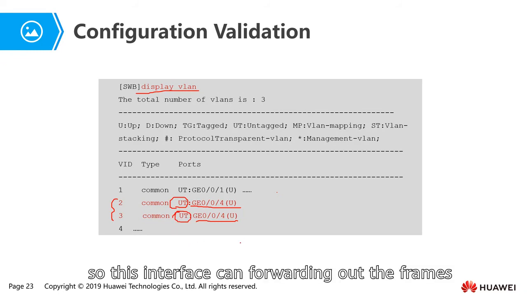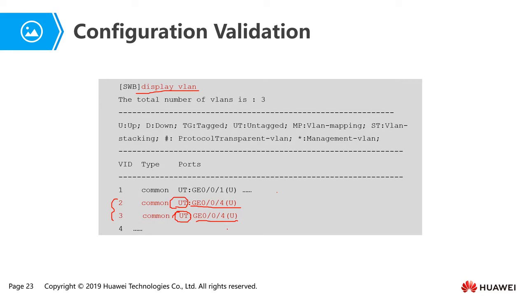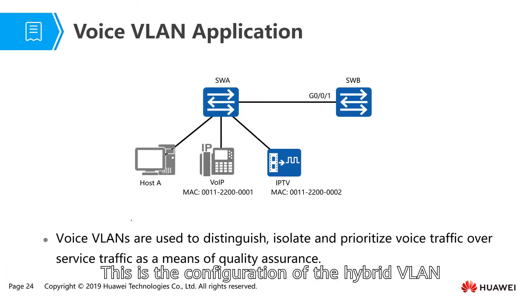So this interface can forward out frames belonging to VLAN 2 and VLAN 3, both. But if it receives an untagged frame, it belongs to the native VLAN, VLAN 3. This is the configuration of the hybrid VLAN.